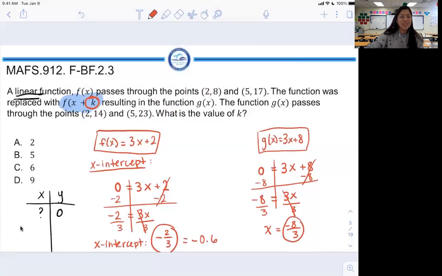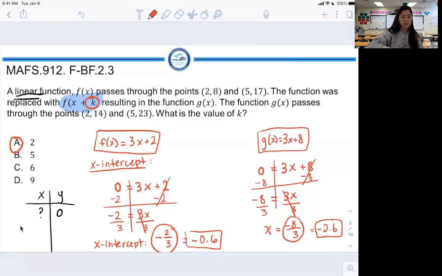We're dividing negative 2 by 3. That's negative 0.6. And then what about negative 8 divided by 3? Negative 2.6. So how far apart are they from each other? 2 units, exactly. So my final answer would be A.